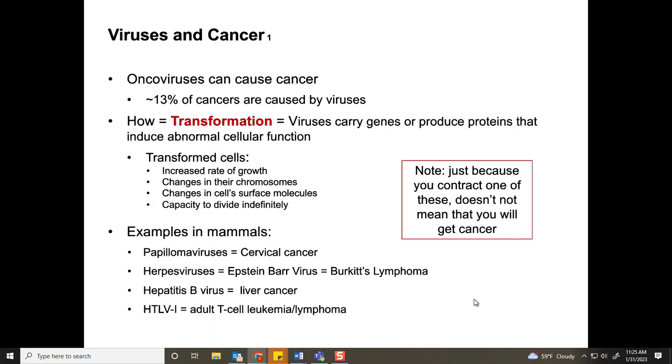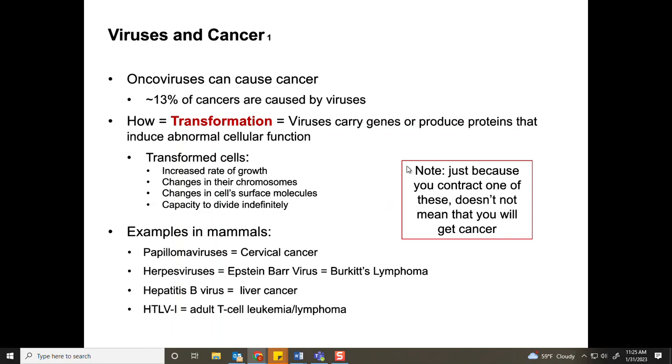If we have a cell that has been transformed virally, it can cause that cell to increase its rate of growth, how fast it multiplies. It can change its chromosomes. It can change the surface molecules on a cell's plasma membrane, like the proteins it contains. And it can actually change its capacity to divide to the point that it's indefinite, which is essentially what cancer is. It's this uncontrolled cell growth.